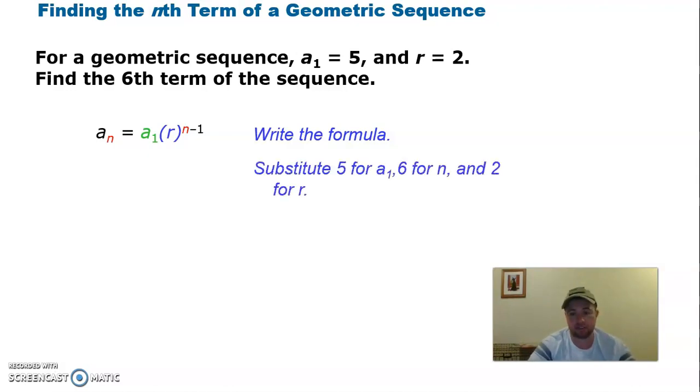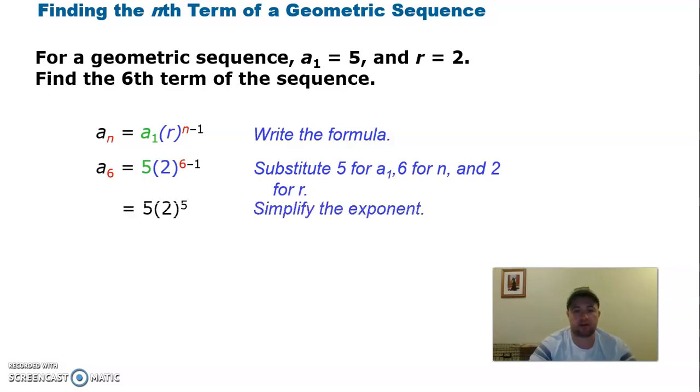So we're going to substitute everything we have into our formula. a sub 6 equals 5 times 2 to the 6 minus 1. We're going to simplify our exponent. So 5 times 2 to the 5th. And that's 160.